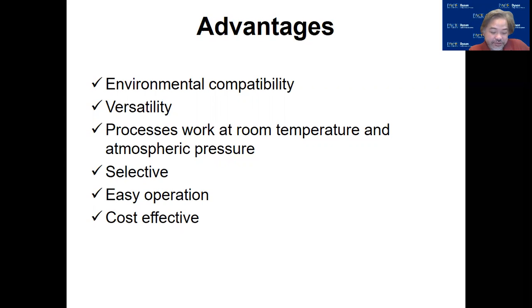Okay, so in addition to environmental compatibility, it's also versatile. So many processes occur simultaneously in any electrochemical cell. So the plethora of reactors, electrode materials, shapes, and configurations can be utilized and allowed to promote different kinds of treatment technologies. Okay. So the processes work at room temperature and atmospheric pressure, and in terms of point of use production of chemicals, this is usually facilitated by electrochemical technology.